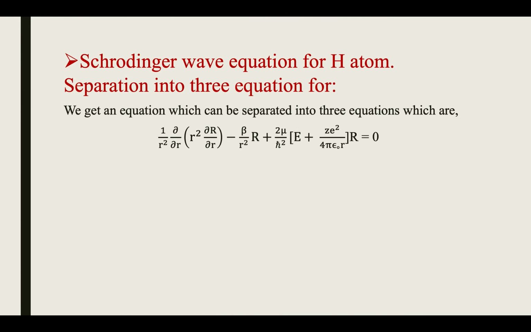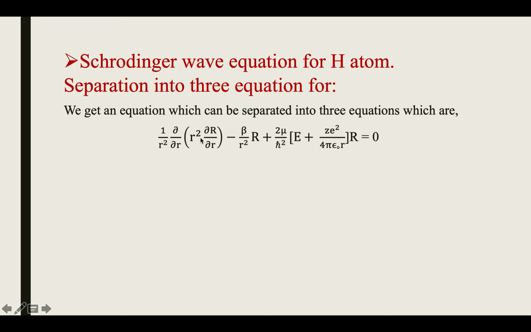you will get three different separated equations. I am not going to show how it came; I am just giving the direct equations. The first term is related to r, the second to r with respect to the small r, and the third term to the energy and potential energy.